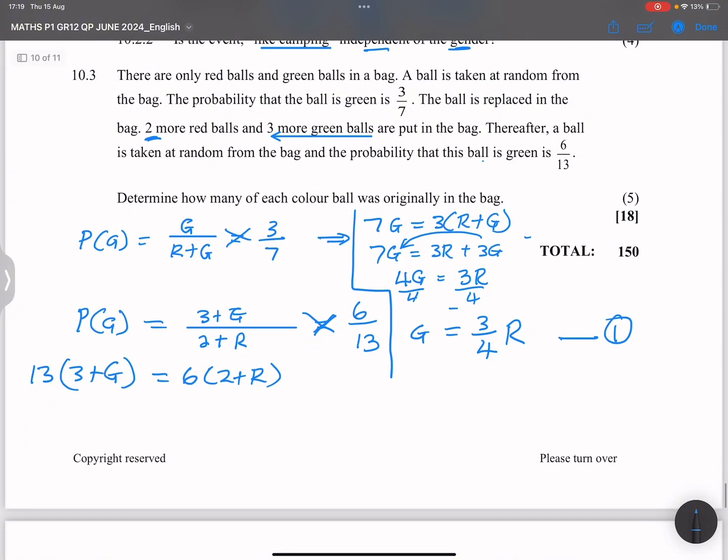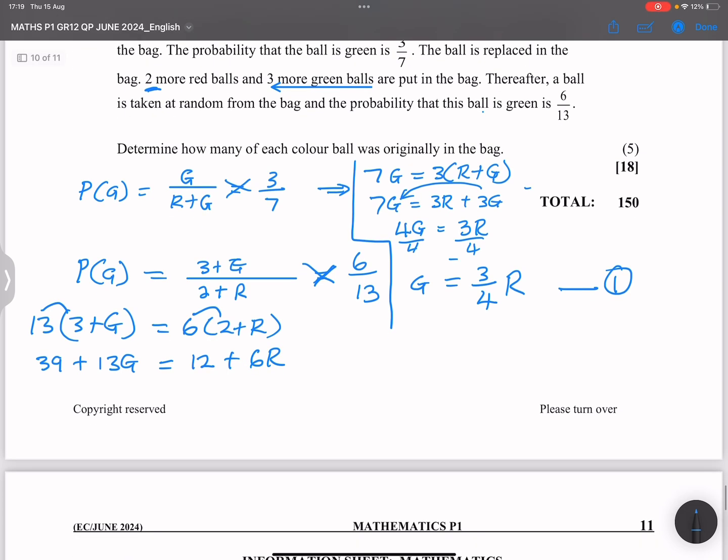Okay, now 13 times 3 would give me 39 plus 13g, which would be equal to 6 times 2 would be 12, plus in this case 6 times r, which would be 6r.